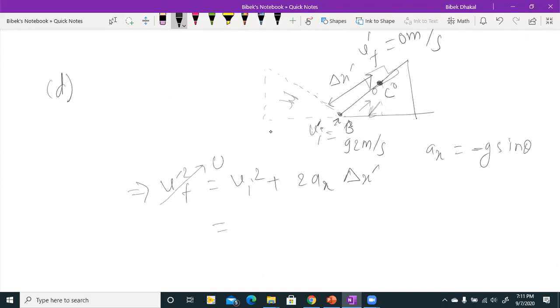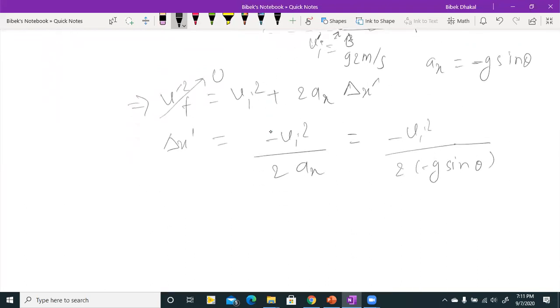So this is 0, and you have the initial velocity. So your delta x prime is v initial squared over 2 times a_x, and that is minus v squared over 2 times minus g sine theta. Okay, so negative signs cancel out, and it is 92 meters per second squared, divided by 2 times 9.8 meters per second squared times sine of the angle.